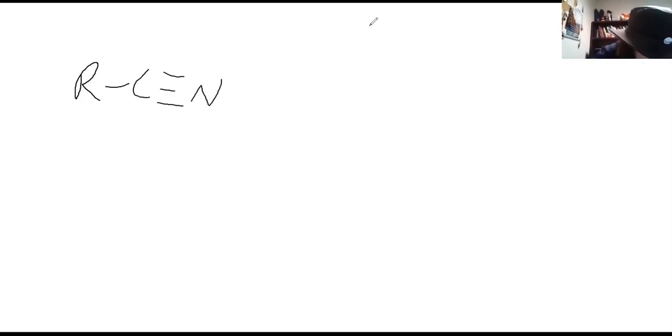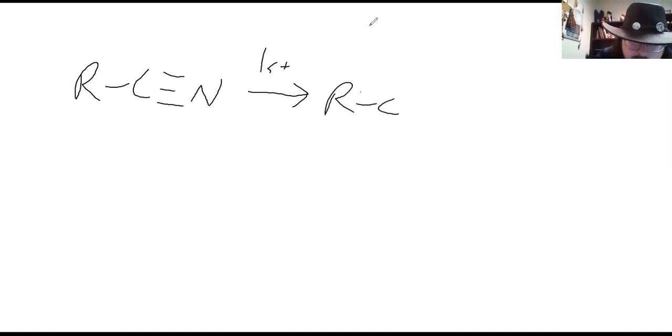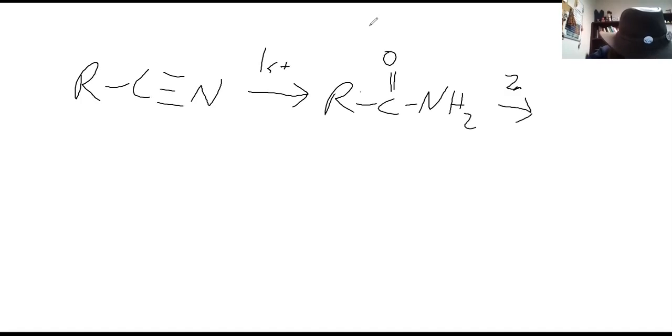Nitriles, remember, are RC triple bond N. Well, nitriles, the first thing they do is they're going to react. First, the reaction is going to form an amide. The first step is always to form an amide. And then if you keep reacting, they're going to form a carboxylic acid.